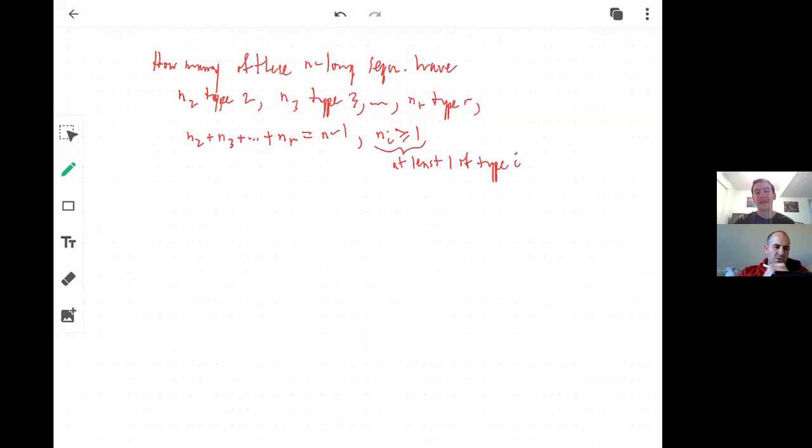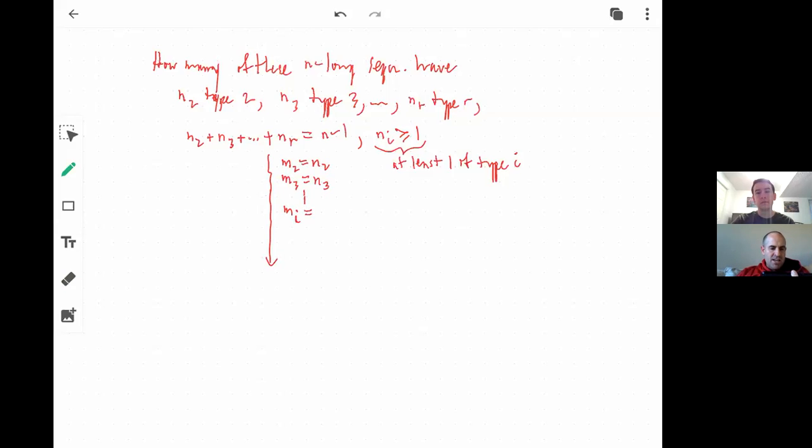So one thing I could do is replace these. I'll put M2 equal to N2, M3 equal to N3, and so on. But M_i is going to be different.